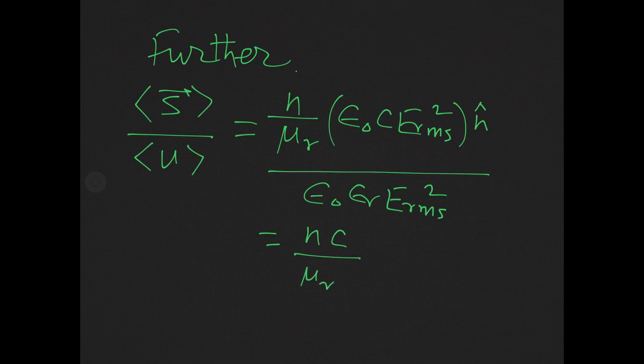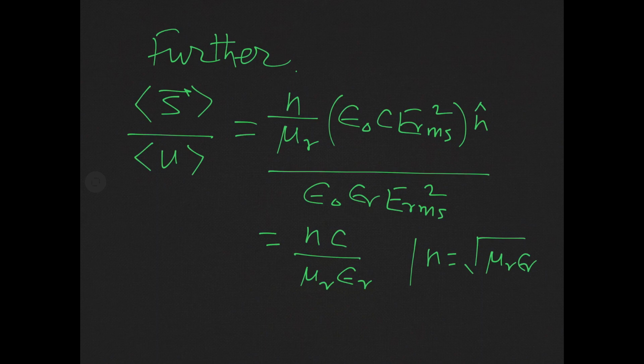And so this will be actually equal to n into C over mu r into epsilon r. And we know that n is equal to root over mu r into epsilon r.